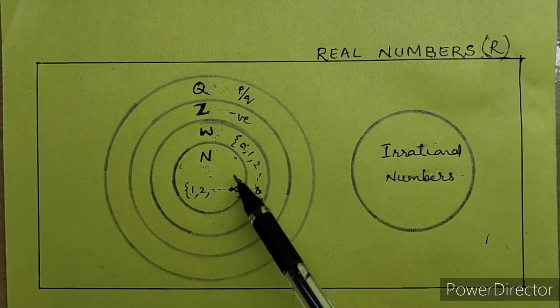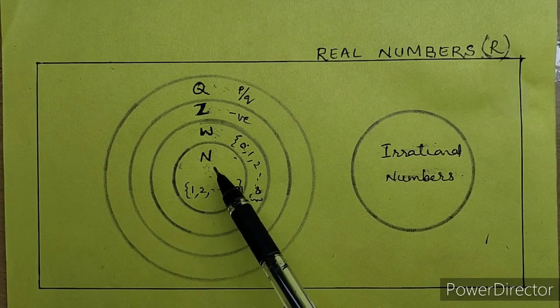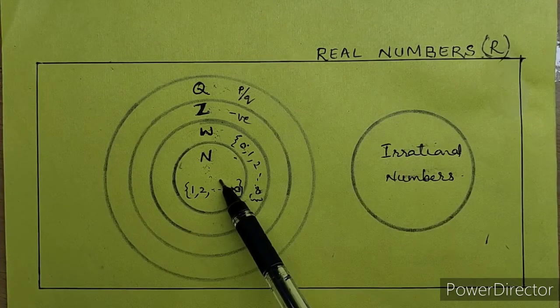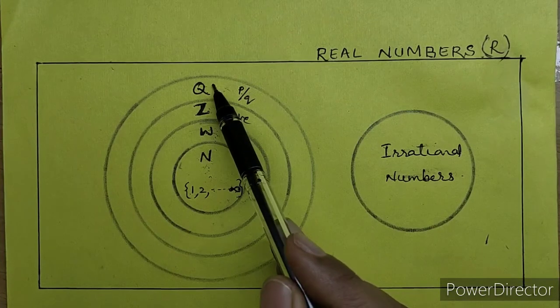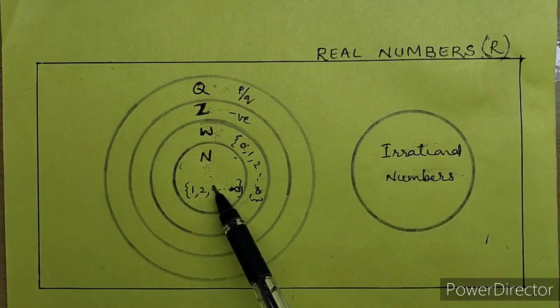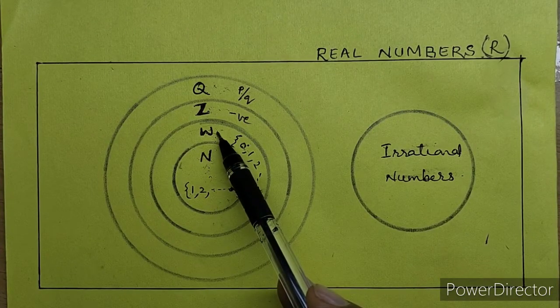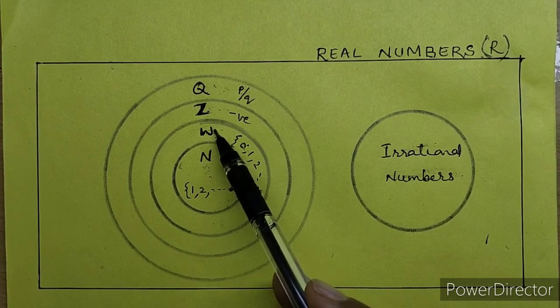Now see this diagram. Innermost circle is natural numbers, next is whole numbers, next integers and next rational numbers. So all the natural numbers are whole numbers. That means 1, 2, 3, etc. to infinity are whole numbers.